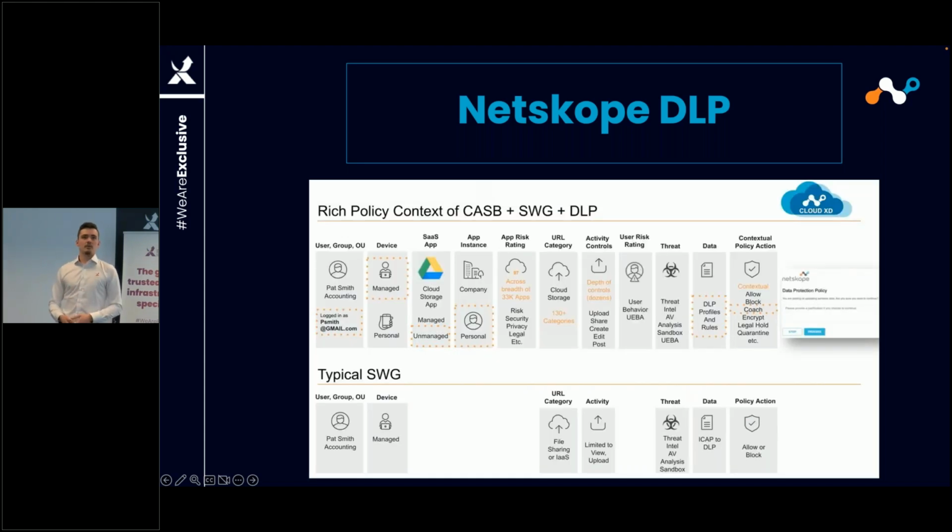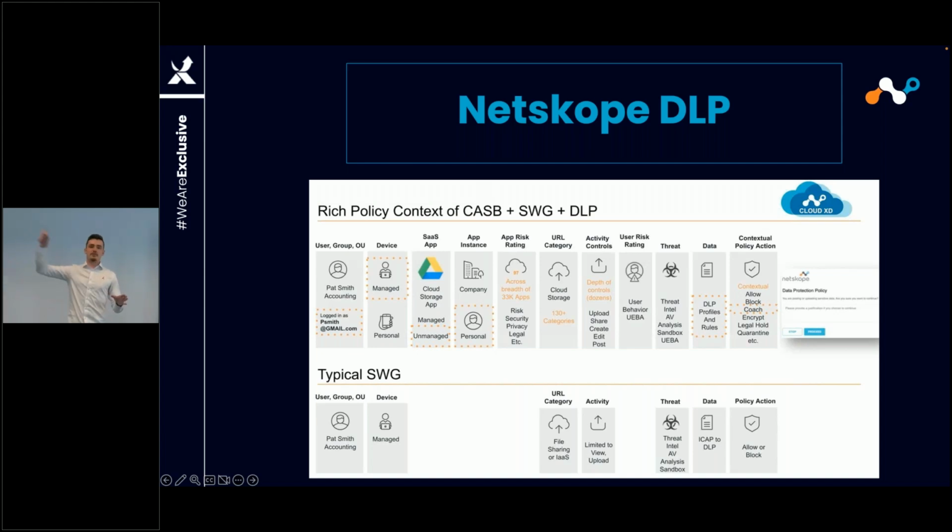Let's take a look at that. Well, we can see that here, a traditional SWG solution at the bottom, and at the top we have the combination of what Netskope is using, CASB, SWG, plus on top of that DLP. So we now have user information, device information, application information, but we also know if that application should be trusted or not using the Cloud Confidence Index score. We also have something similar for the user called the User Confidence Index score, and that score will be changed or impacted based on user behavior analytics.